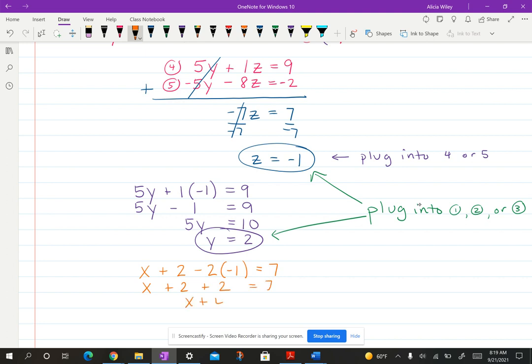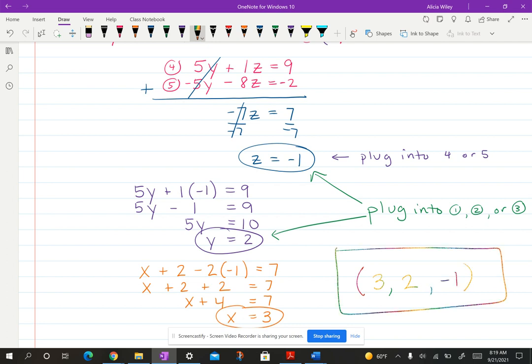Combine like terms, subtract 4, and you get your x value of 3. And we always write our final answer as an ordered triple. X, Y, Z is the order, alphabetical order. So my final answer is 3, 2, -1.